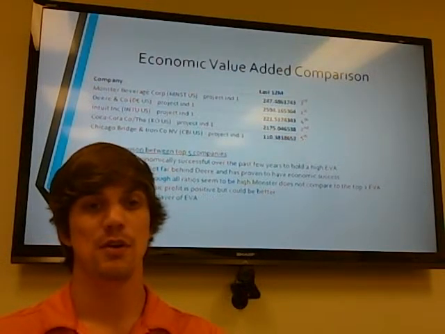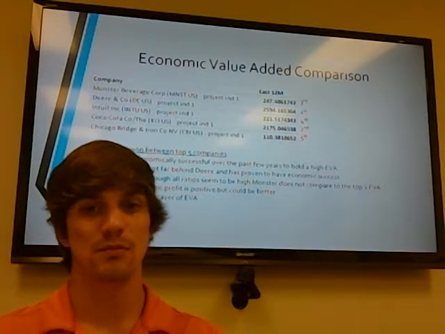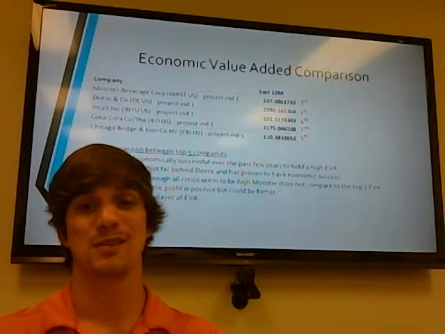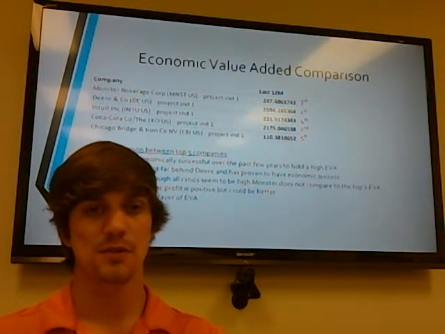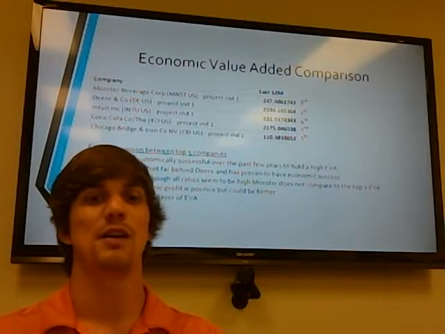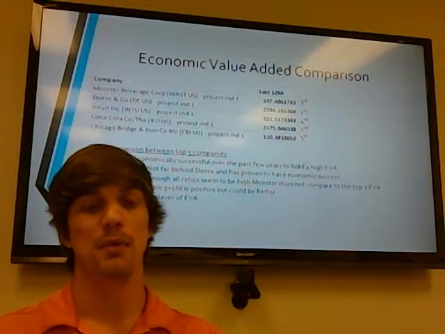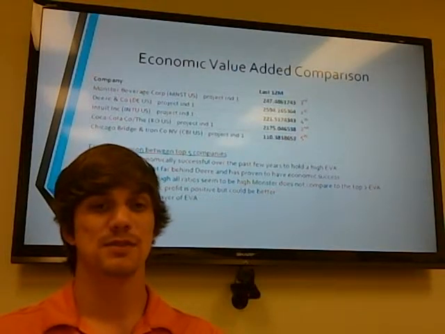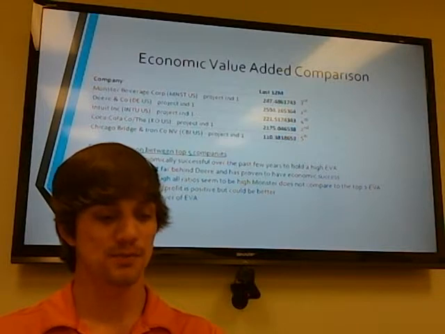Monster came in third. Although all ratios seem to be high, Monster doesn't compare to the top two companies in EVA. Intuit, economic profit is positive, but to me, I really think it could be better. CB&I was definitely the lowest player when it came to the EVA comparison.